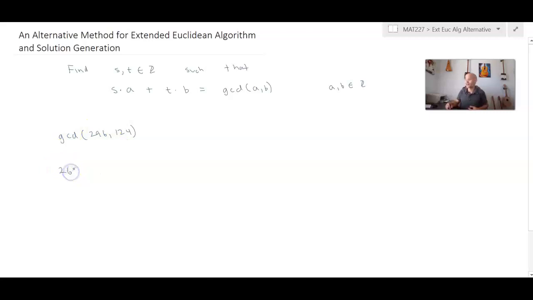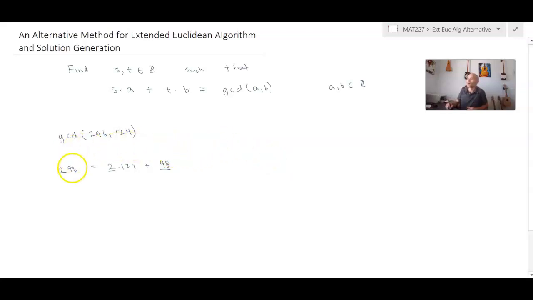So first thing we need to ask ourselves is, how many times does the smaller value go into the bigger value? And then what remainder does that leave? Well, I can see that that goes in twice. 2 times 124 is 248, and that means there's a remainder of 48, since 48 plus 248 equals 296.